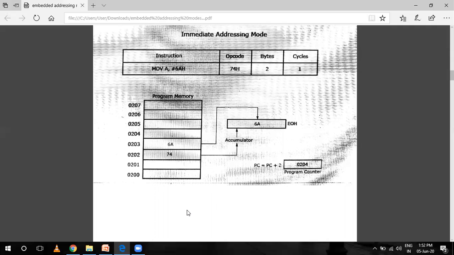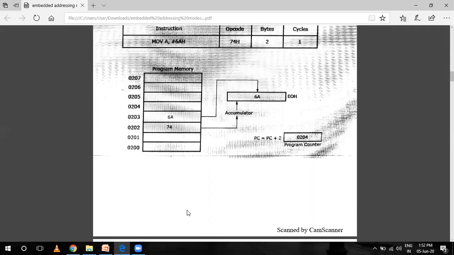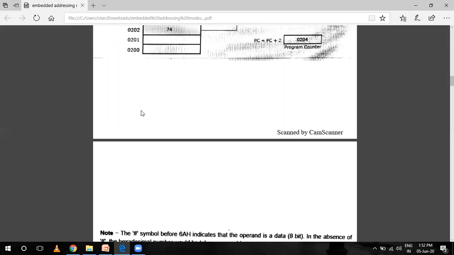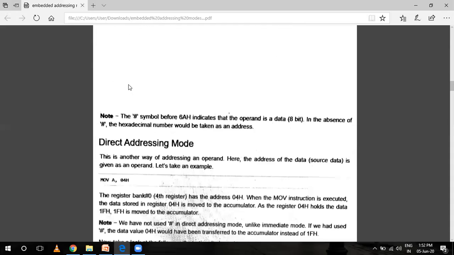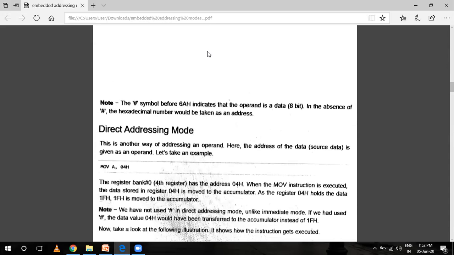So the location of the program counter is 0204 यहाँ पर, क्योंकि यहाँ से 202 से 204 2 position increment होगा. And the hash symbol used in our instruction indicates that the operand is data, and in the absence of this hash the hexadecimal number would be taken as an address.